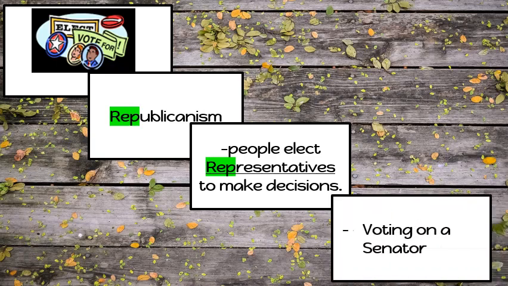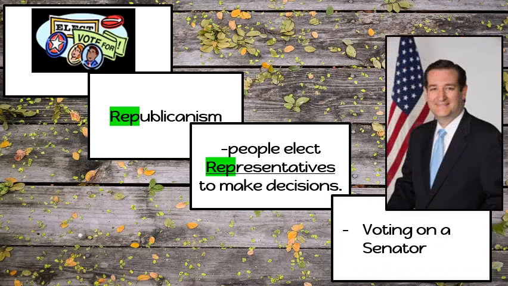Like one of our senators right now is Ted Cruz. So we utilized the principle of republicanism when we voted on him to become one of our senators. So republicanism is where the people elect representatives to make decisions, like voting on a senator. Pause if you need to, move on when you're ready.